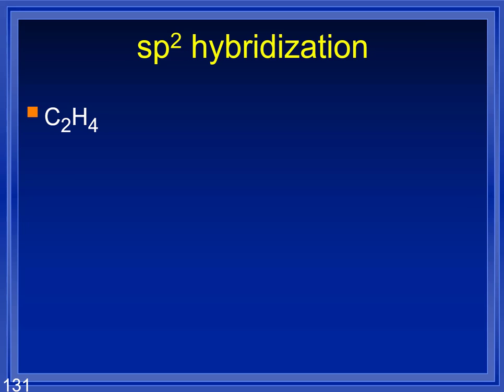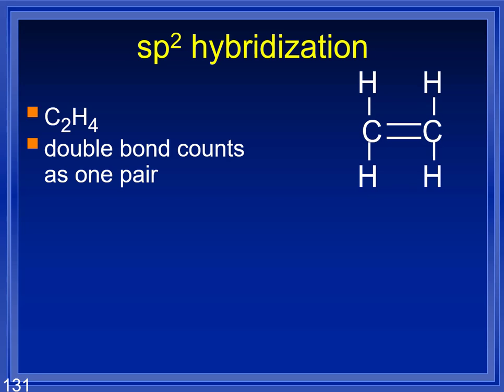Okay. So carbon wants to make 4 bonds. Hydrogen wants to make 1. The only way it fits together is with a double bond. So, remember the double bond counts as 1 pair of electrons.